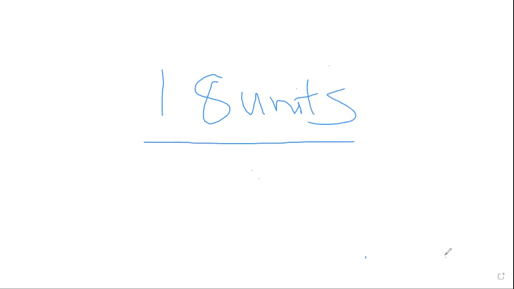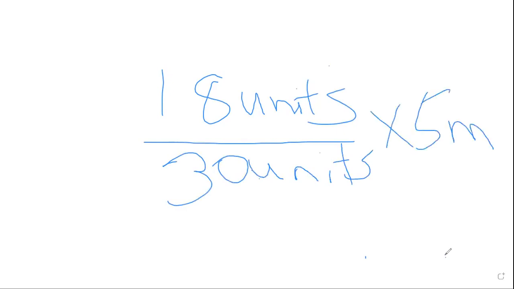Okay, so we're going to take our order that goes on top. 18 units. What we have on hand is 30 units per 5 mL. So now you just have to do the math. 18 divided by 30 times 5.